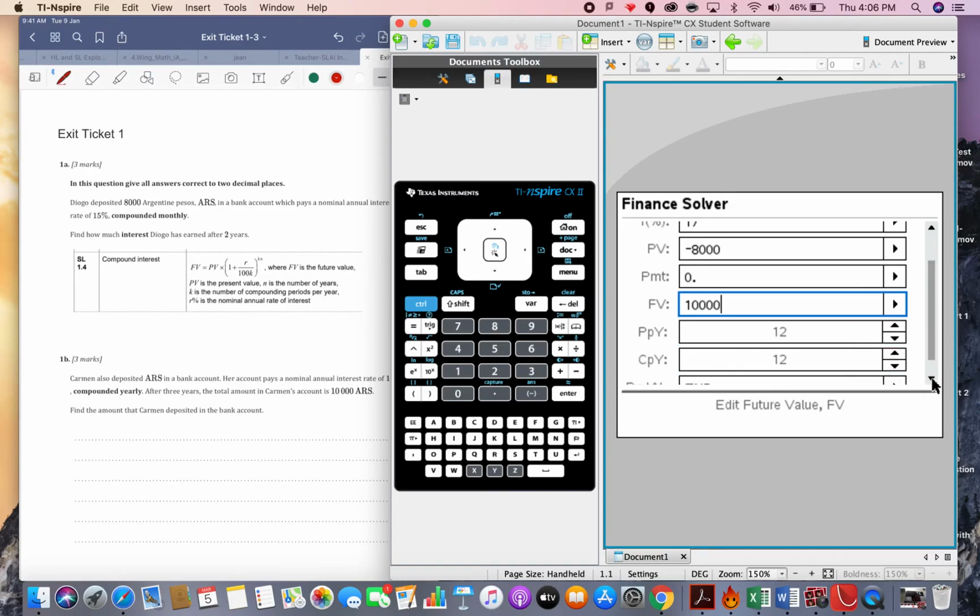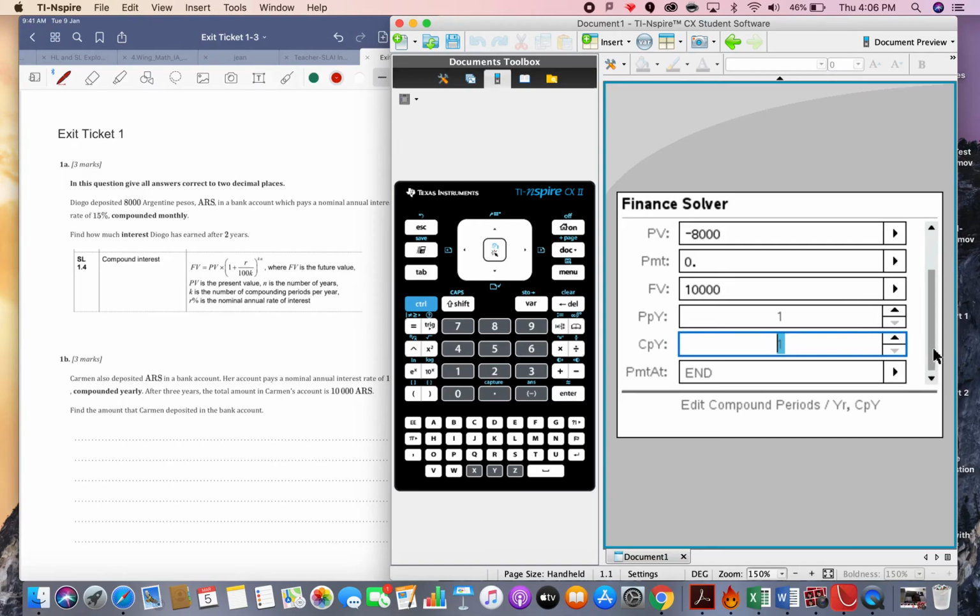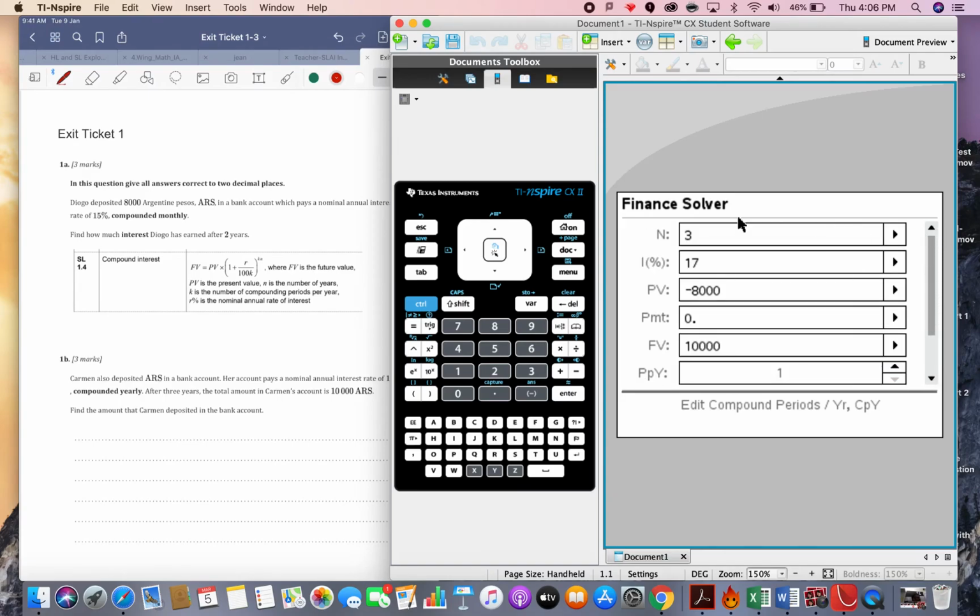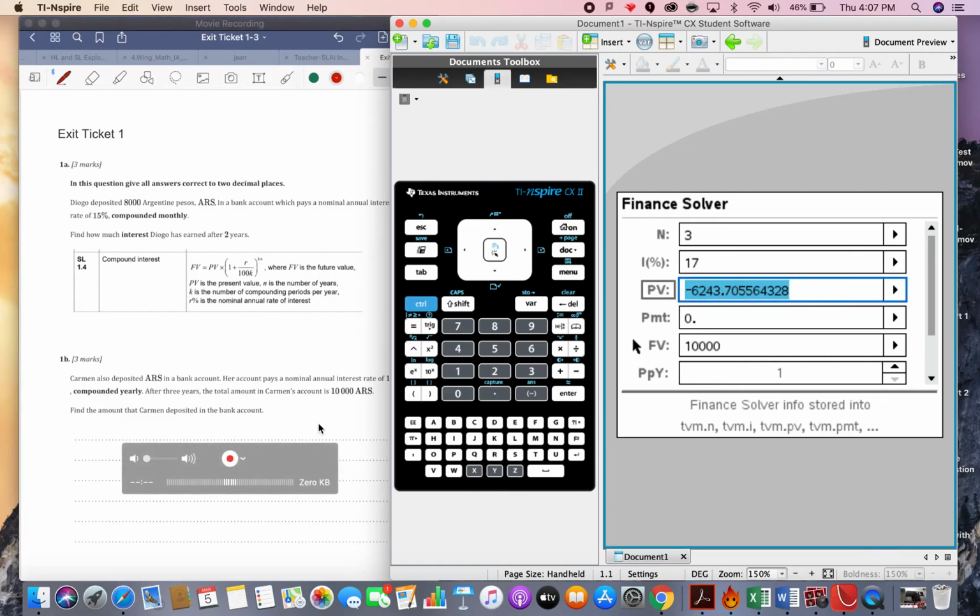The payments per year, well, this is just 1 actually because it's compounded yearly, so 1 and 1. N is 3, that's the number of payments, so it's 3 years at 1 payment per year, 17%. The present value is what we're trying to work out. So click on here and press enter, and there's the present value.